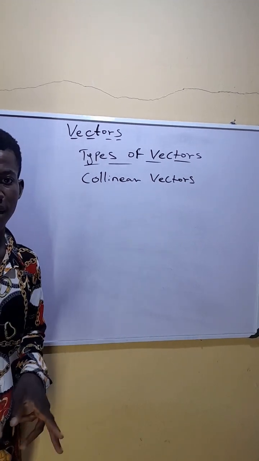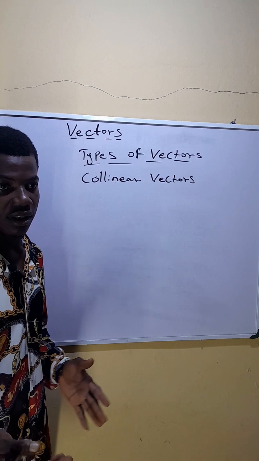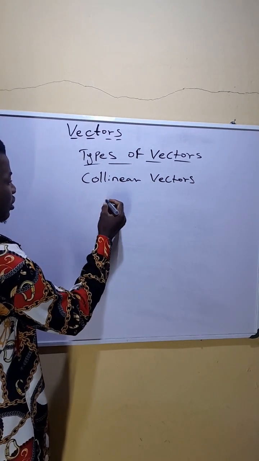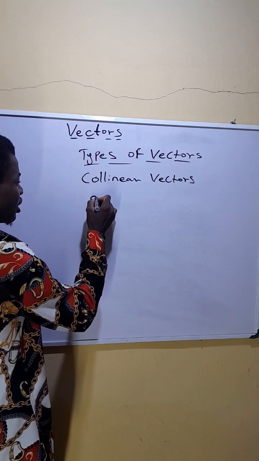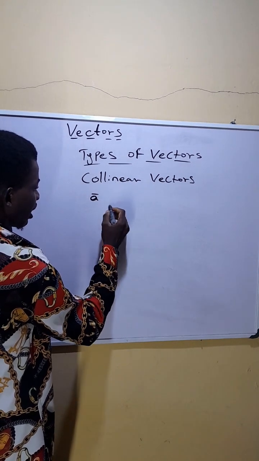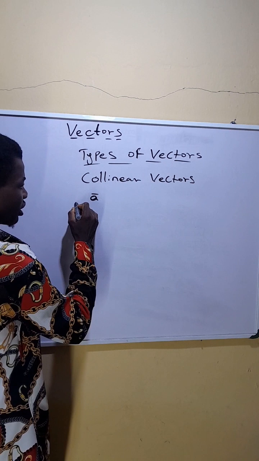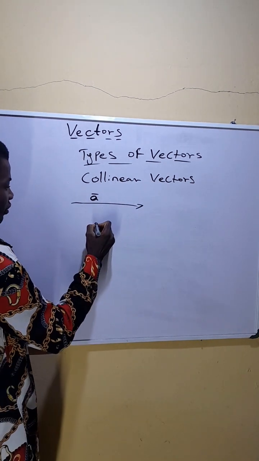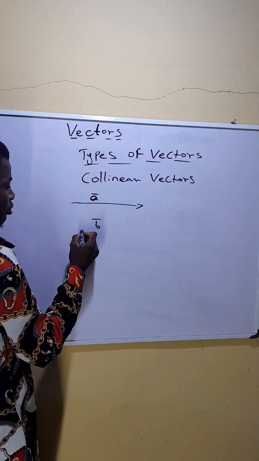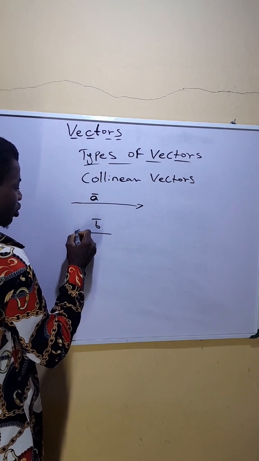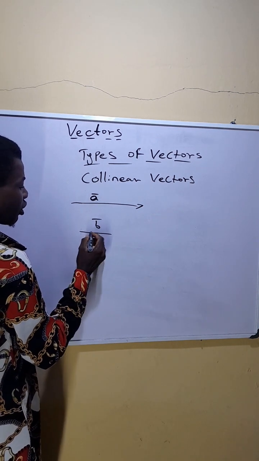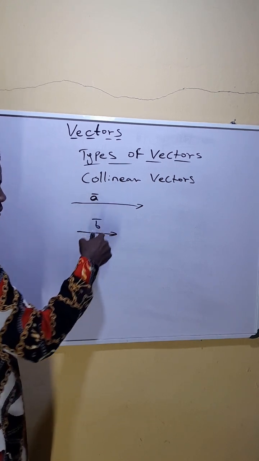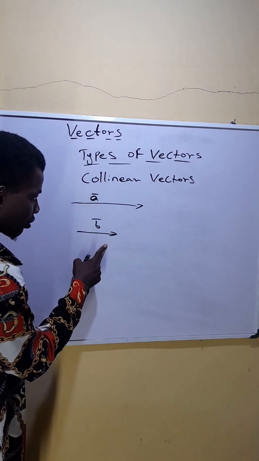They can be parallel but moving in different directions. So we can say a collinear vector A is moving in this sense, and we have a vector B moving in this sense, or B can also be moving in the same direction as A, but their magnitudes are still not equal.